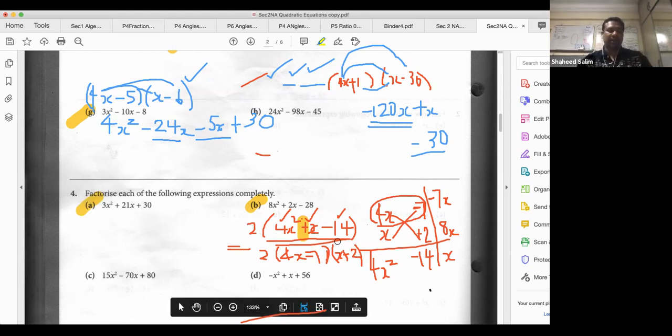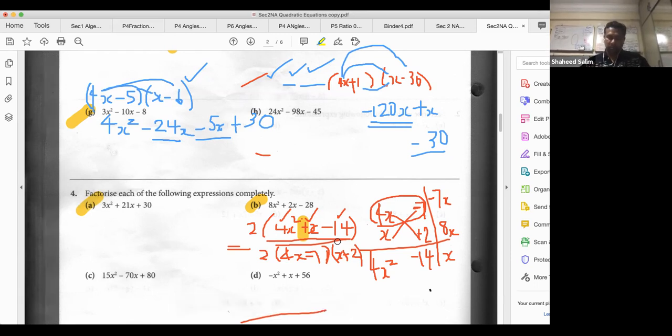And then you factorize the inside. You will find it easier.